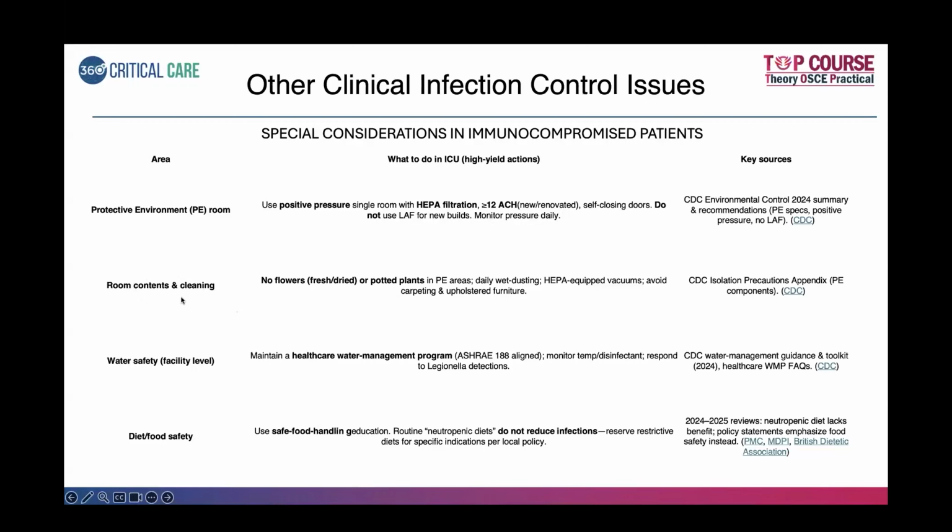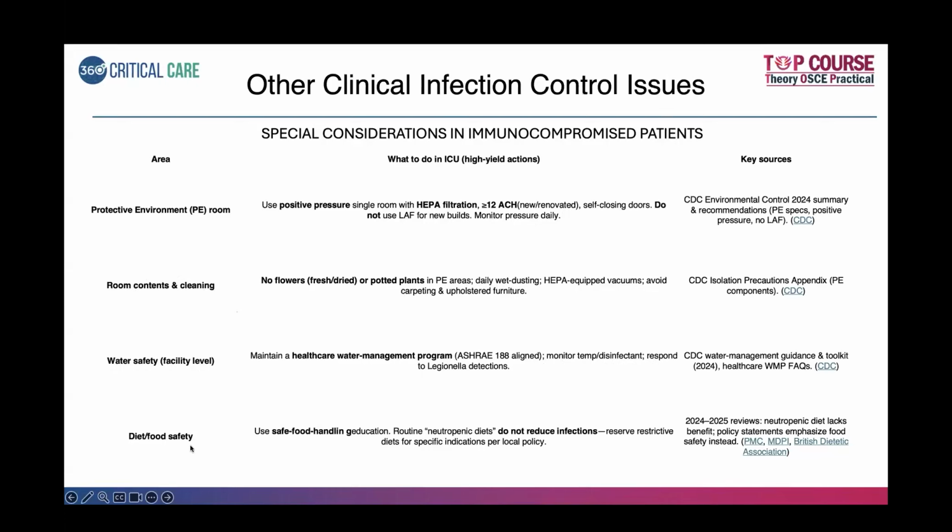With regard to room contents and cleaning, importantly, no flowers or potted plants in the protective environment room, daily wet dusting, and HEPA-equipped vacuums, and you need to avoid carpeting or upholstered furniture because the dust can harbor microorganisms which can be harmful to the patient. With regard to water safety, maintain a healthcare water management program, monitor temperature and disinfection, and respond to Legionella detections.